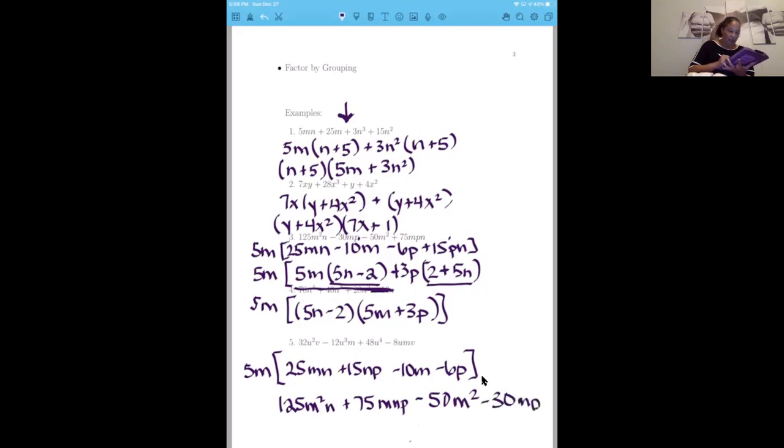All right, now these aren't in the same order as our original problem, but we can reorder it and it'll look exactly the same. So 125m squared n minus 50m squared minus 30mp plus 75mnp.